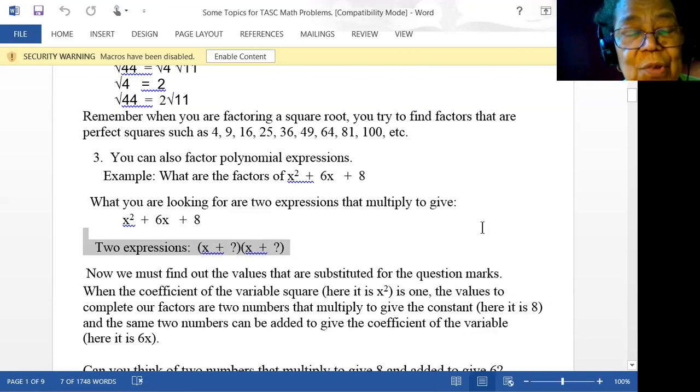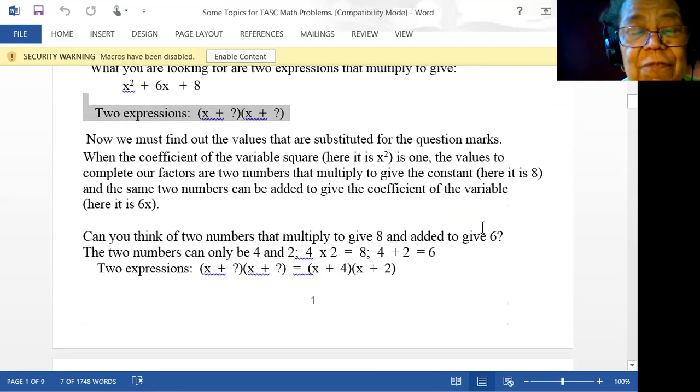Now, can you think of two numbers which add to give you 6 and multiply to give you 8? Those numbers are what?